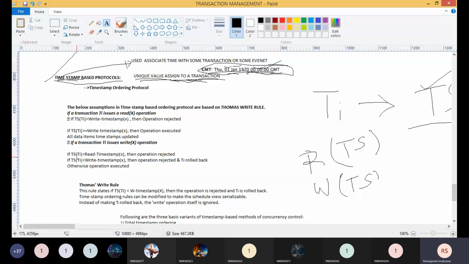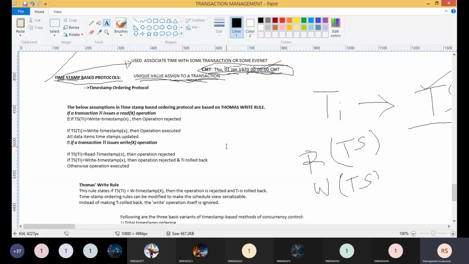If the timestamp of Ti is less than the write timestamp of X, then the operation is rejected and Ti performs rollback. Otherwise, we'll extend with the schema here.